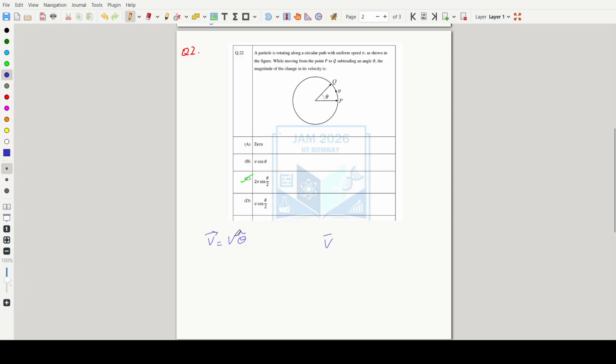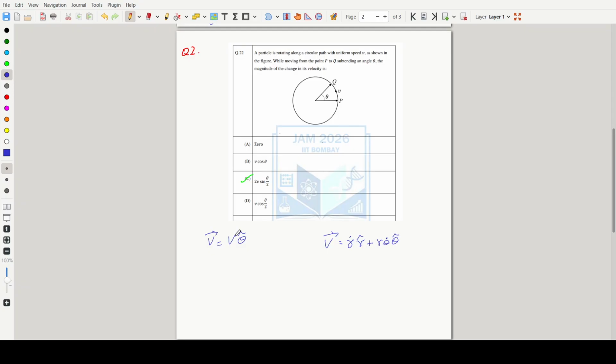If you want to write the velocity vector in polar coordinate unit vectors, this is what you do: r dot r cap plus r theta dot theta cap.